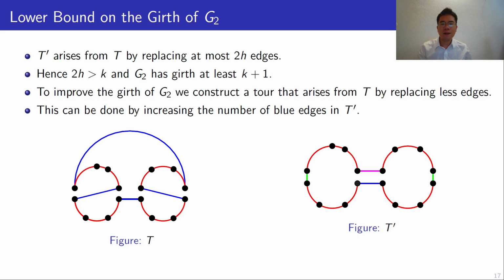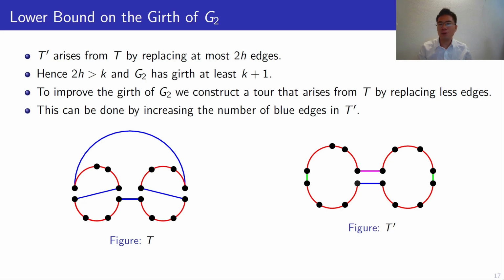And this is equivalent to 2H is greater or equal to K plus 1, and therefore G2 has girth at least K plus 1, since we have assumed that G2 has a cycle with length 2H. Now we have already a lower bound on the girth of G2.